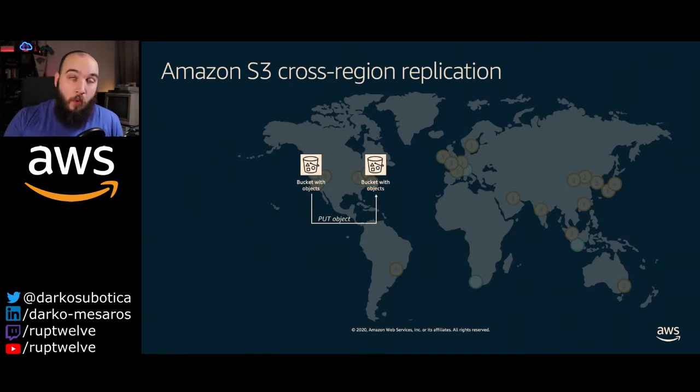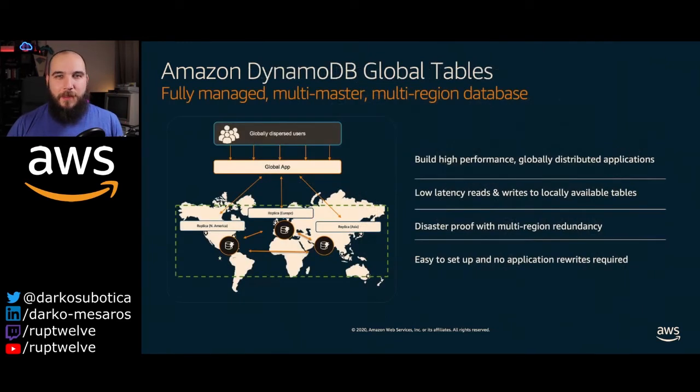But more importantly, let's talk about that database problem. In serverless, a lot of people like to use one of our services called DynamoDB, a NoSQL database. DynamoDB gives you the ability to create a thing called global tables, which gives you a fully managed, multi-master, multi-region database available through a bunch of clicks.